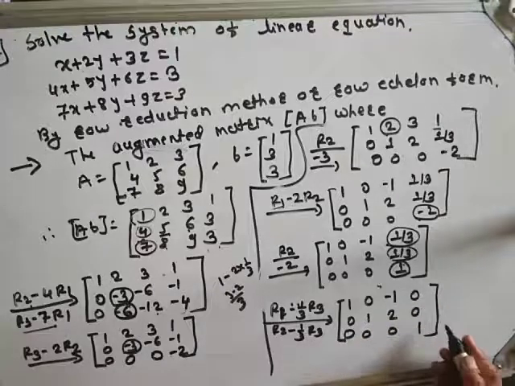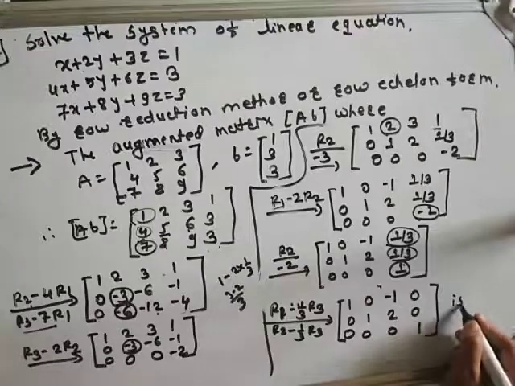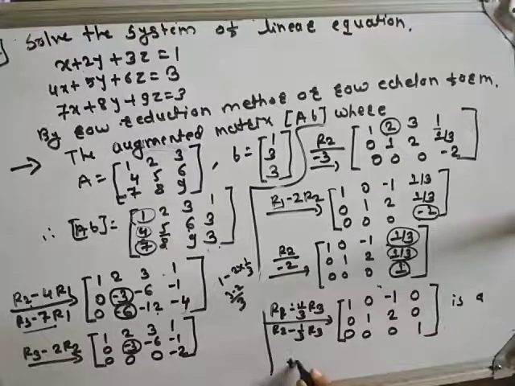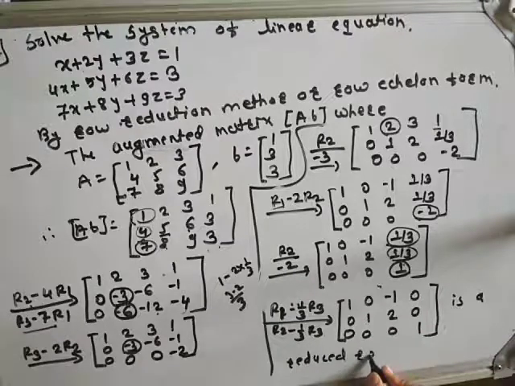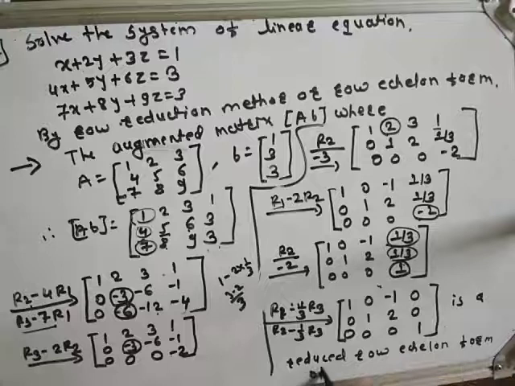This is a reduced row echelon form of the matrix AB.